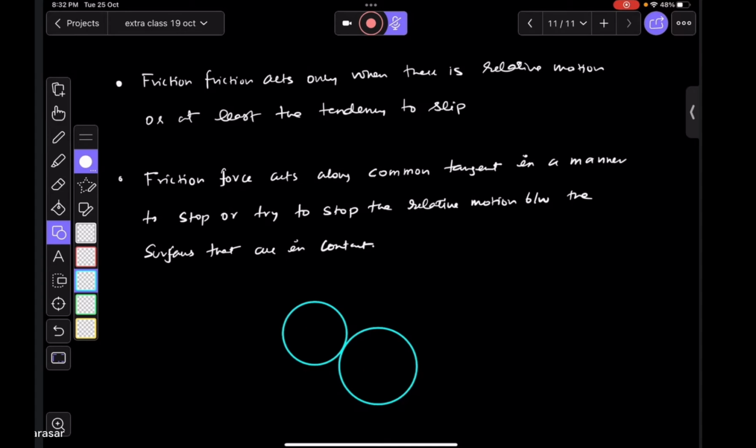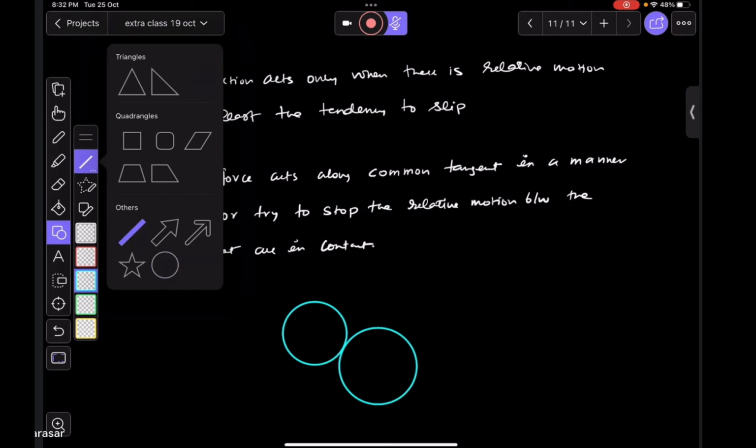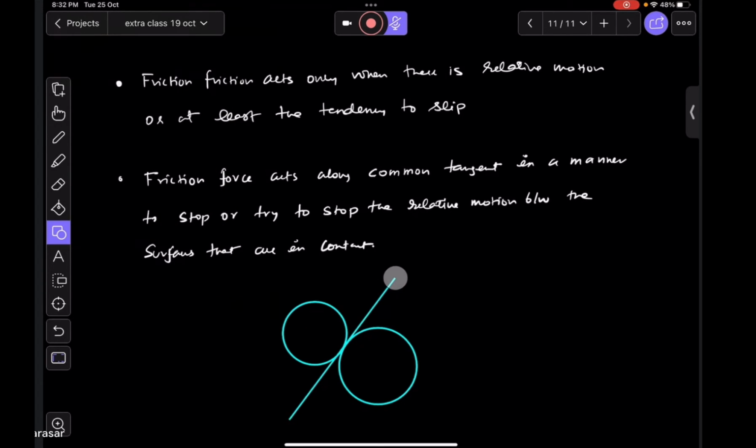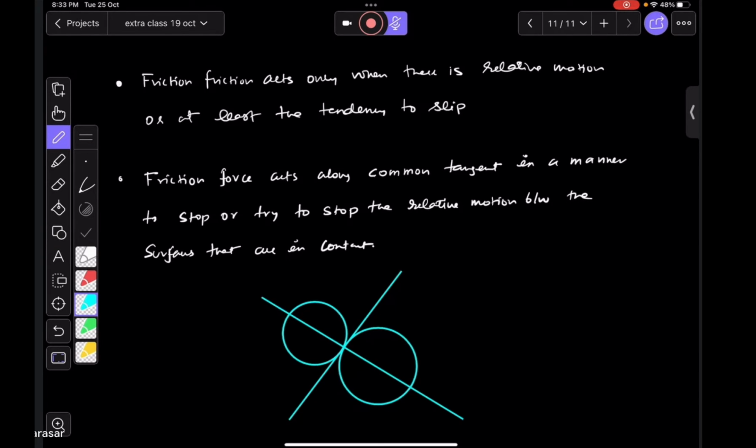So at the point of contact, you drop a normal and then you drop a tangent. The tangent dropped at the point of contact is called the common tangent, and the other one is our common normal. Okay, copy these two points.